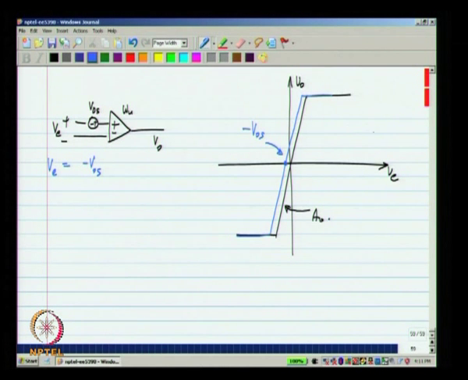And in fact, the effect of the offset can be quite significant, because the slope here, this A naught, is very large. It can even be up to a million. So, it can be that due to the offset voltage, when the input is 0, the output is already saturated.